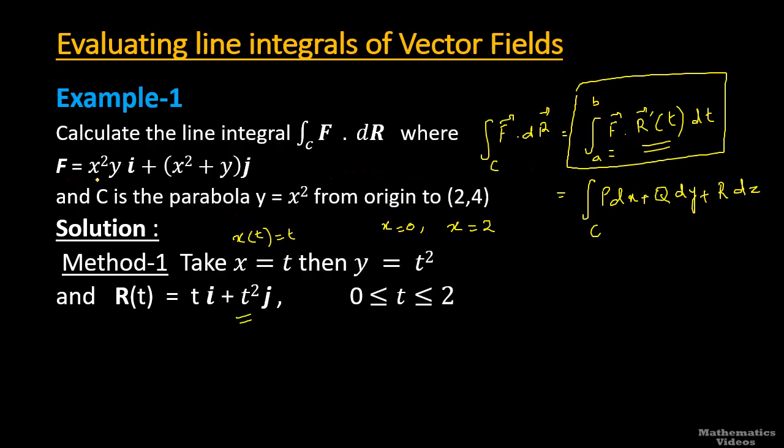For this we have to replace x with its value in terms of t. Since x in terms of t is equal to t, in place of x squared we have just t squared.